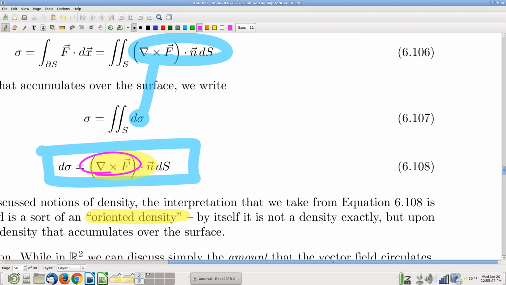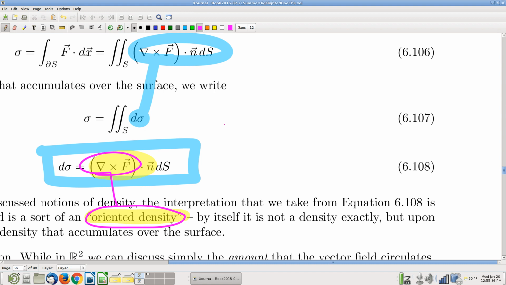The curl, it's not by itself a density. Density is a scalar. Curl is a vector, right? But the curl tells you two things. By way of its direction, it tells you in what direction there is a circulation. And by its magnitude, it tells you whether there's just a little bit of circulation or whether there's a lot of circulation.